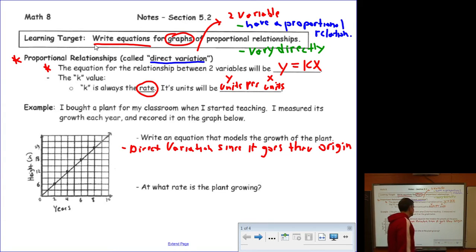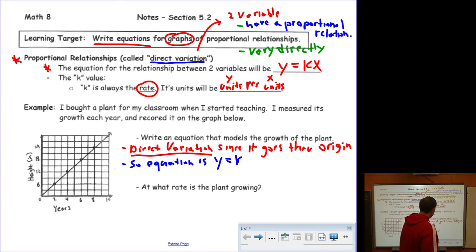All right, since it goes through the origin, we know we have direct variation or a proportional relationship. And so our equation is y equals kx. All right, first we got to know it's a proportional relationship, and we know that because it goes through the origin. And so we know our equation would be y equals kx.